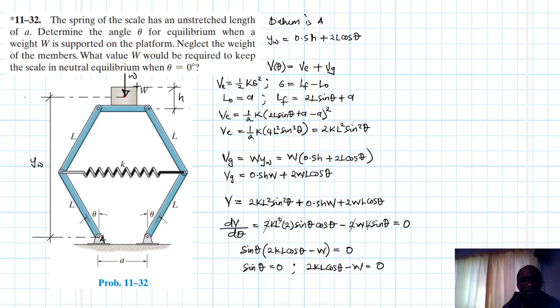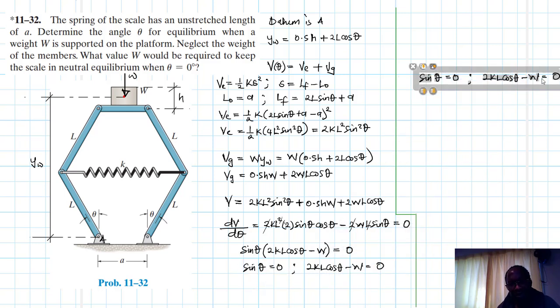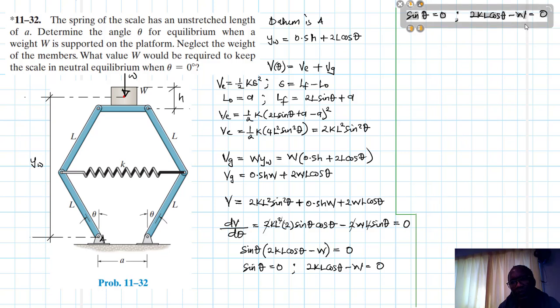So we have two equations. Let me collect them so that I can work them out on the other side. I bring them here. So one equation there, theta will give us equal to 0 degrees.